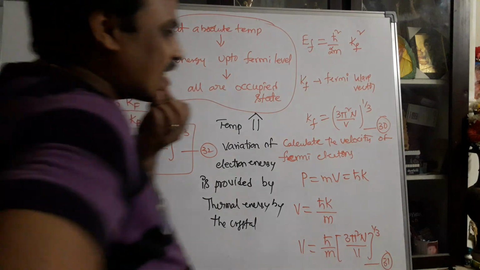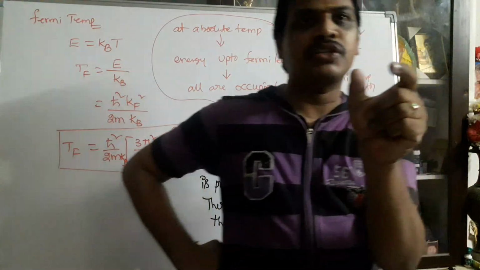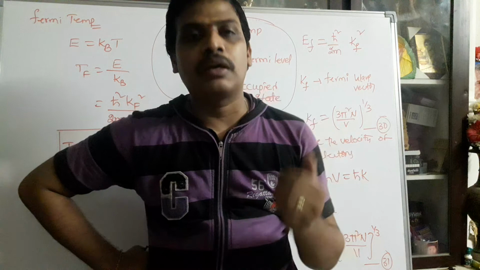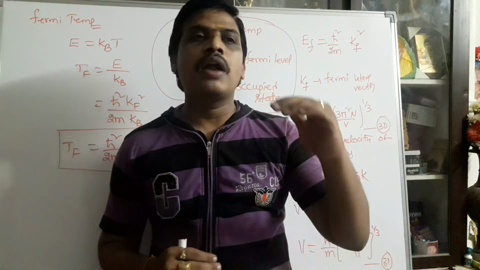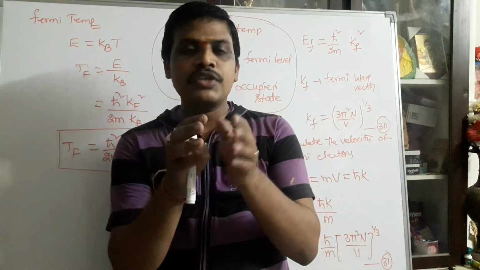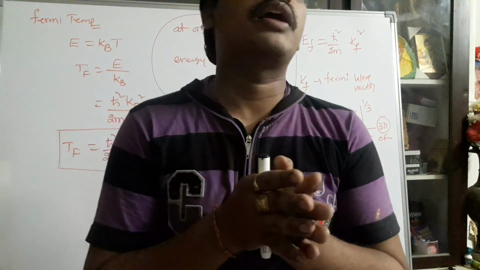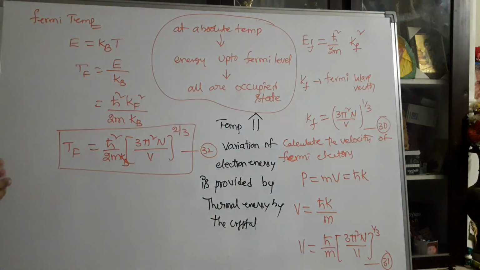Only electrons with energy near the Fermi energy level will change their states, because thermal energy is sufficient to excite electrons from lower energy states to unoccupied states.